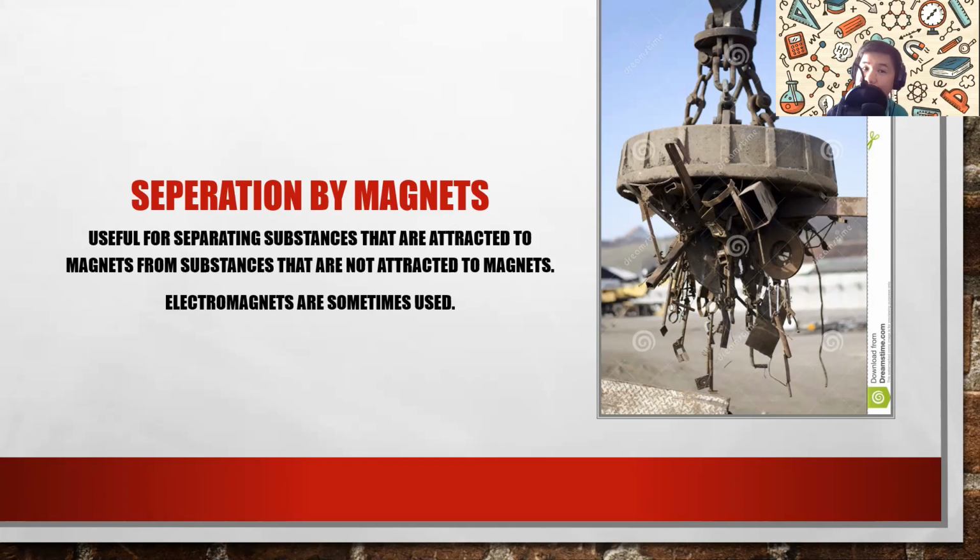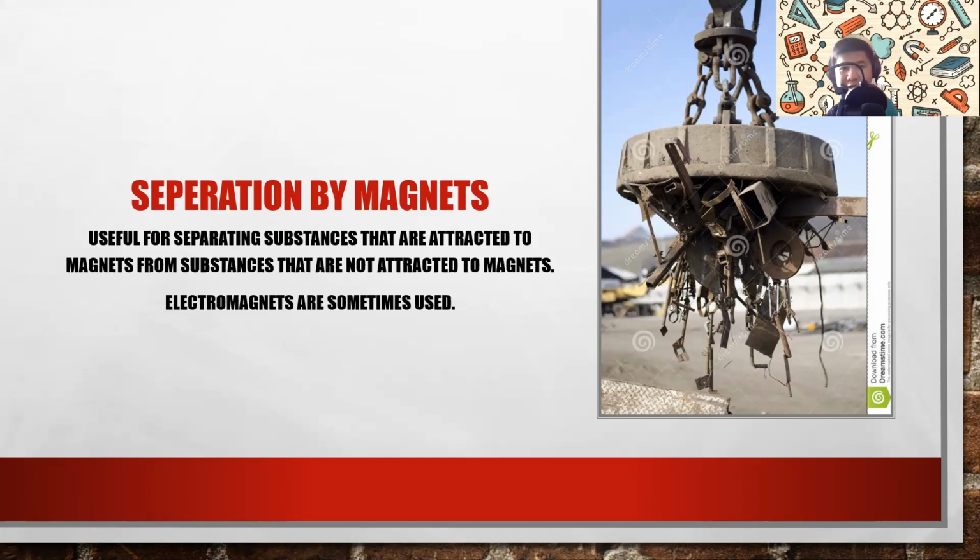Do you remember what recycling is? Recycling is when you change one thing into another using the old thing. So, using the old metals, we can make new metals. Okay? We can make new metals using the old metals. That's why we need to separate by magnets.